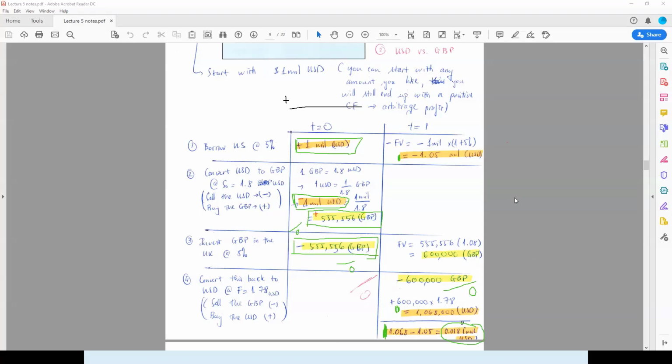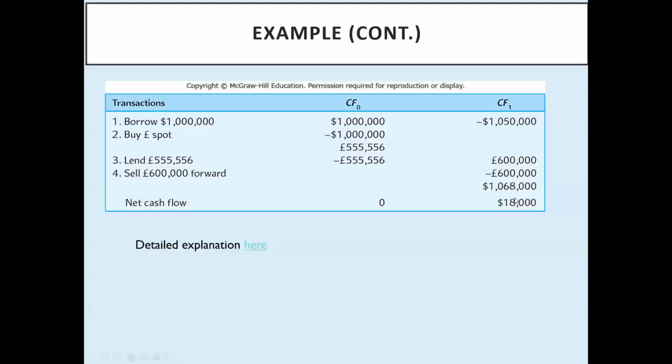All right, so we have walked through how to construct an arbitrage strategy for interest rate parity conditions. So what we said was we wanted to borrow cheap and we wanted to lend high, so we wanted to lend expensive. In this case, the US was the cheaper market, so we borrow here, and then we went to the UK to invest.